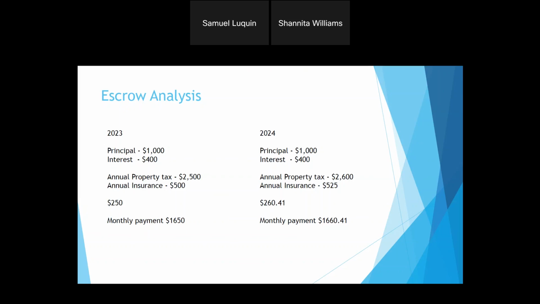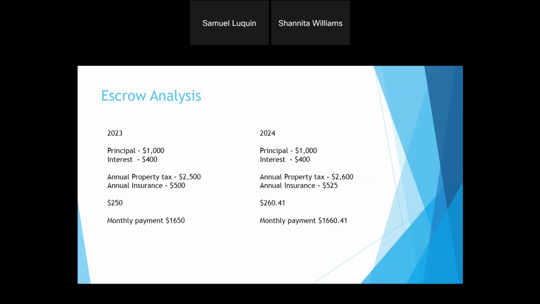Now, moving forward in 2024, you can see that if the interest rate was fixed, the principal and the interest should not change. However, the lender may get notification, or they may project, that the taxes will go up by about $100, and maybe the insurance may go up by $25. So this moves the monthly obligation that the lender is required to collect for the escrow account to about $260.41.